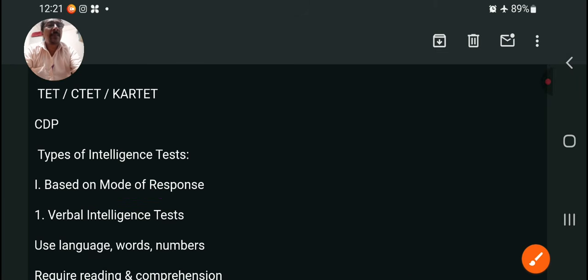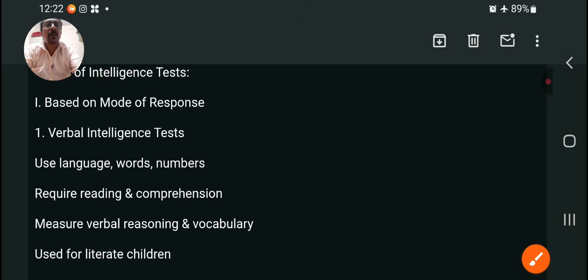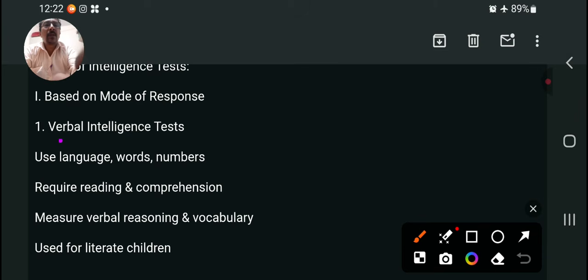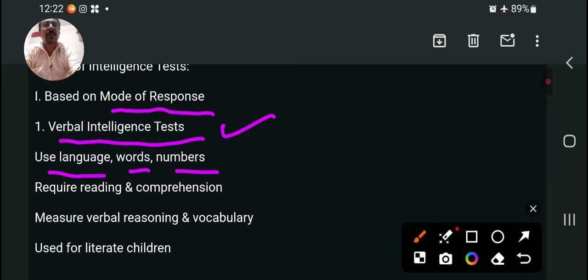In this first category, we are going to classify again. First one is the verbal intelligence test. This is the first subtype of mode of response. Verbal intelligence test uses language, words, numbers, and requires reading and comprehension.